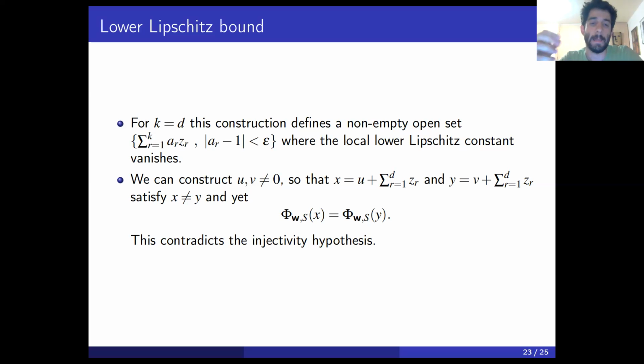And what we did was construct two vectors, by small perturbation of the center of this convex box, x and y, such that x is non-equivalent to y, but phi of ws of x is equal to phi of ws of y, and that contradicts the injectivity hypothesis.